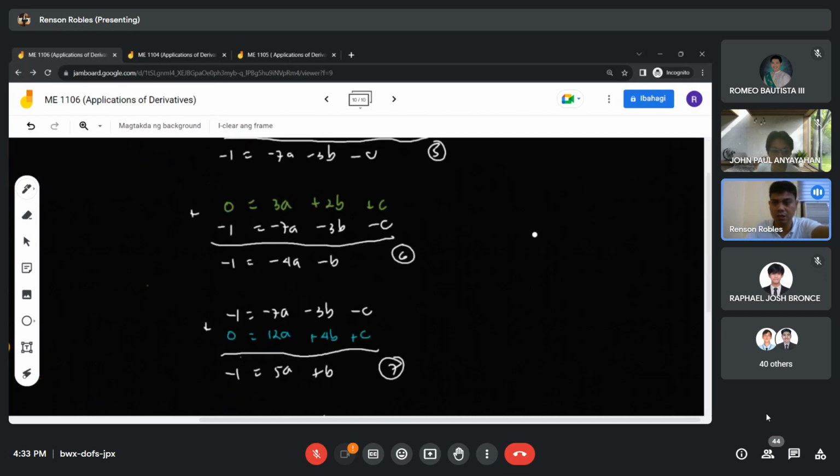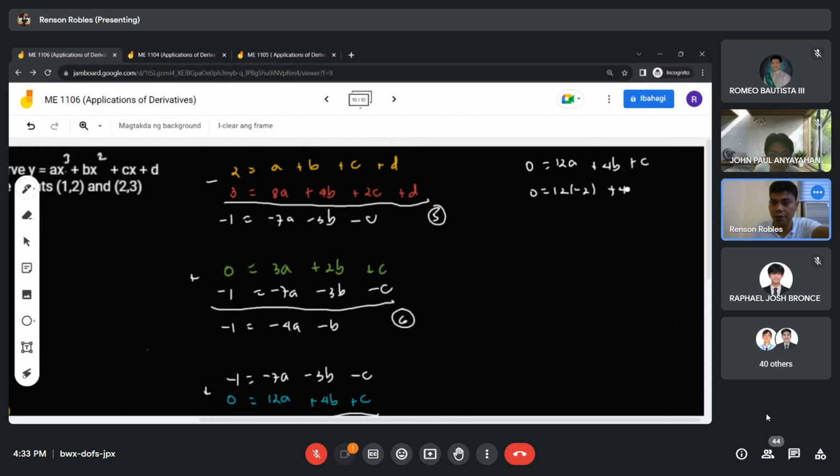Oh yeah, and b is 9. Plus 4 times 9 plus c. 0, negative 24 plus 36. Yeah, plus c. That would be 12. 0, 12 plus c. So c is negative 12.